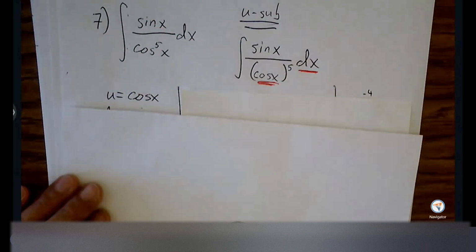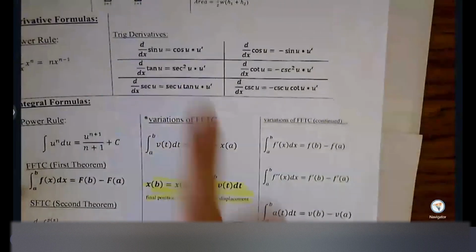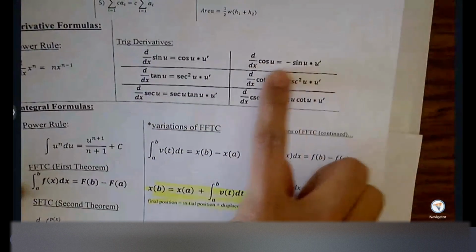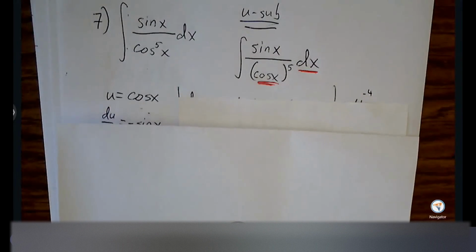Now I need to find the derivative, so I need to go to my formula sheet, which also has the trig rules in terms of derivative. So du dx: if we look at our formula sheet here, cosine's derivative is negative sine. So we can begin our process there.